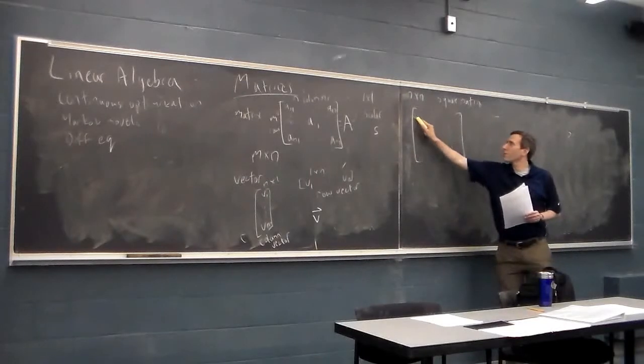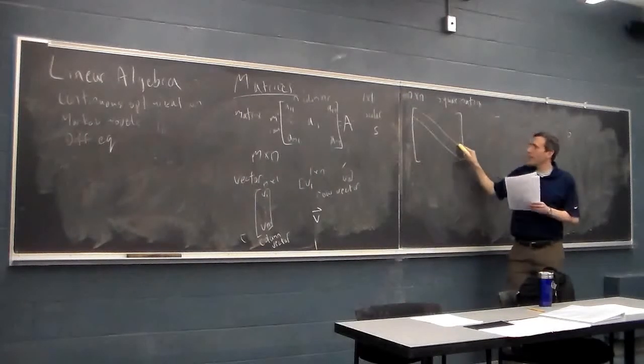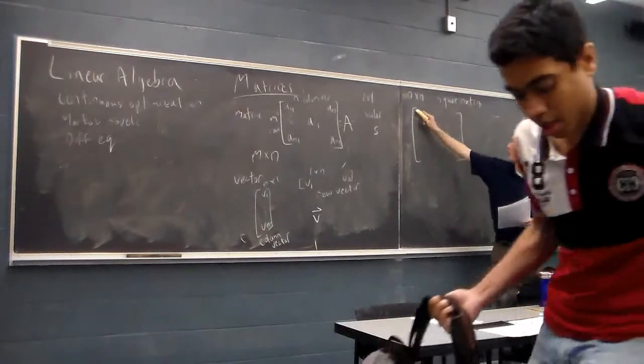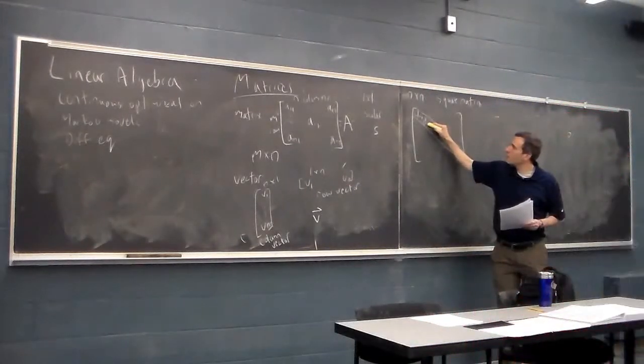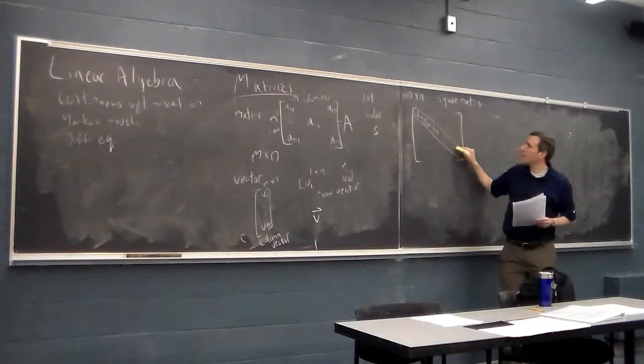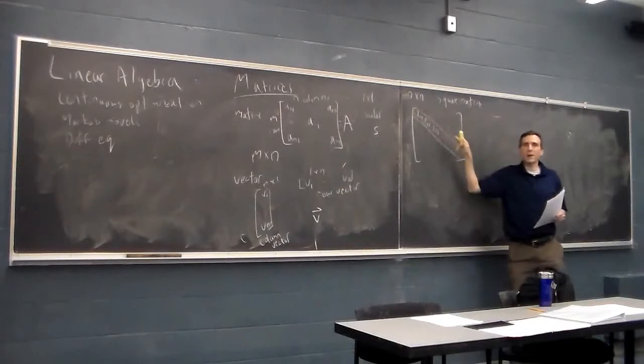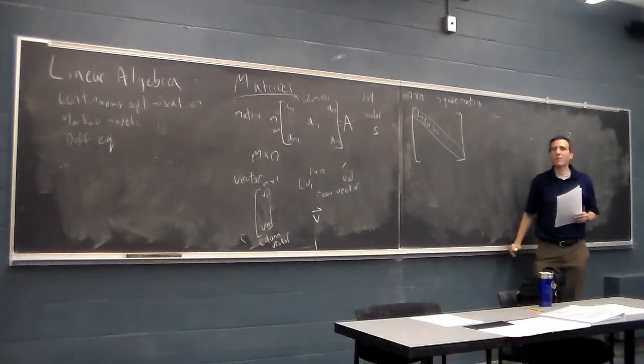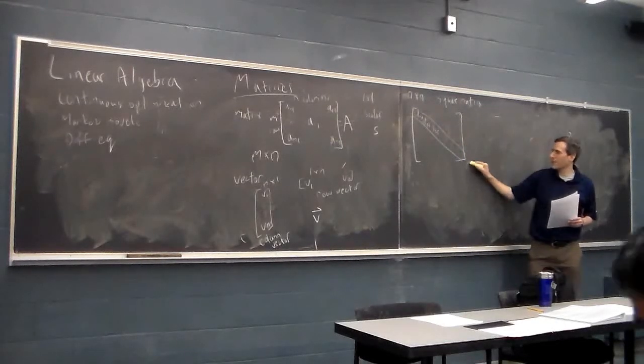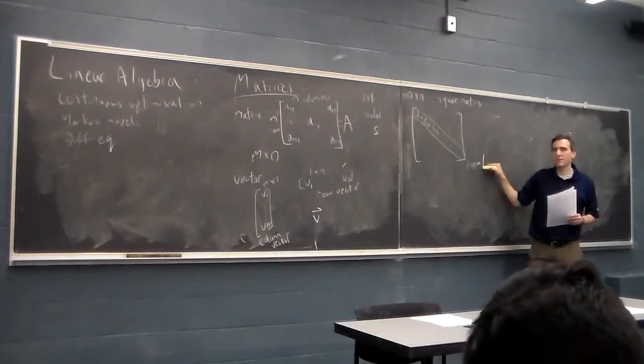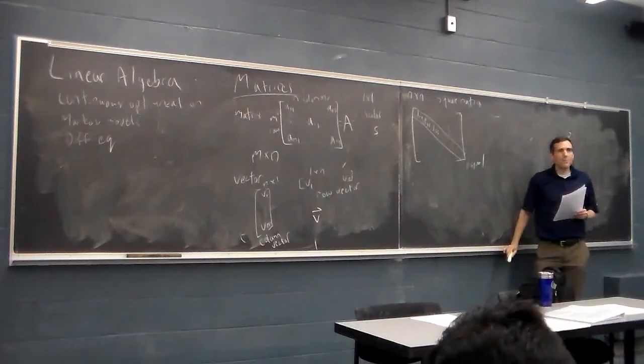One particularly important piece is the elements of the form D11, D22, D33, etc. So basically elements running from the upper left to the bottom right, which we know as the diagonal elements of the matrix. These are diagonal elements.